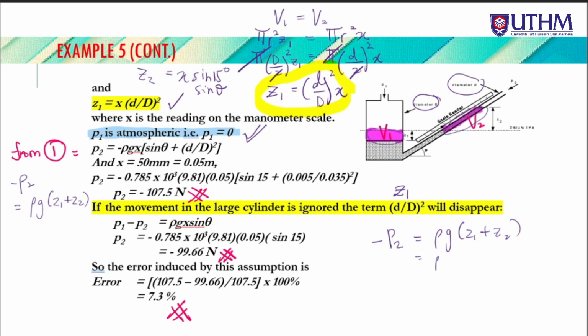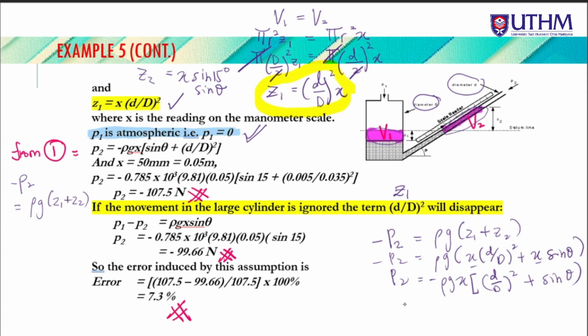Okay, so kita tahu rho G Z1 apa tadi, X D over D squared plus Z2 apa tadi, X sin theta. Okay, so apa kita boleh bawa keluar, kita bawa negatif ke kanan. So yang ni minus P2 lagi, negatif rho G X pun ada dua-dua, so kita bawa keluar. So kita akan dapat dekat dalam dia adalah D over D squared plus sin theta, kan? So kita dapat benda ni, ini adalah sama dengan inilah.